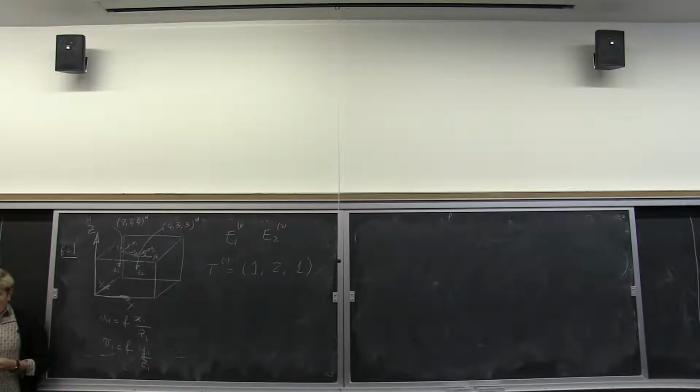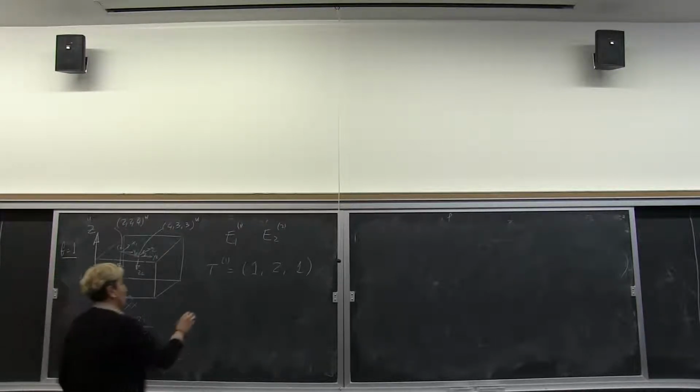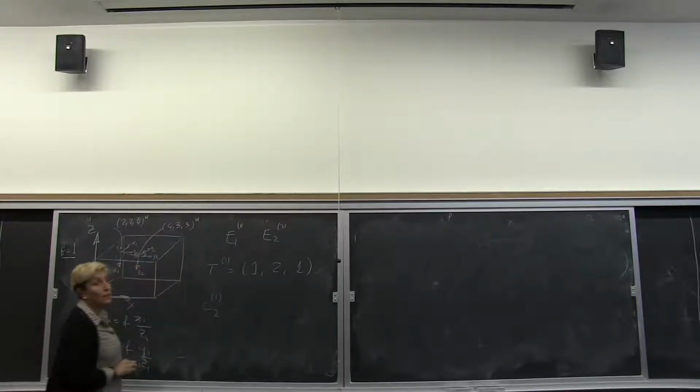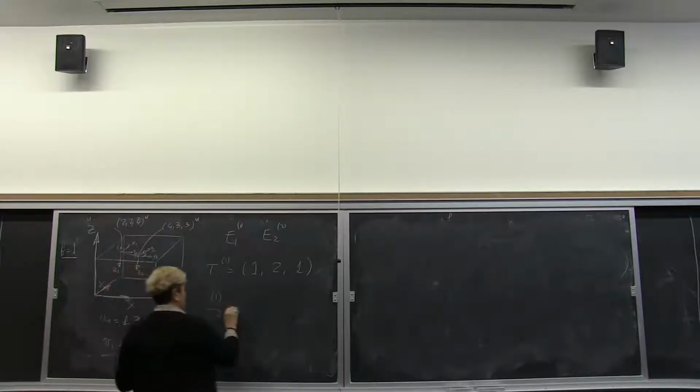All right. So now that I have my translation vector, I have the coordinates of the second camera expressed in the first camera system. It's going to be equal to what? 1, 2, 1.